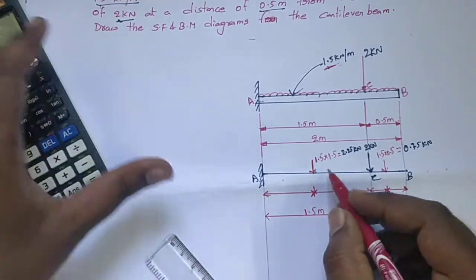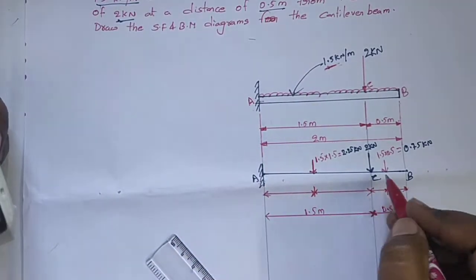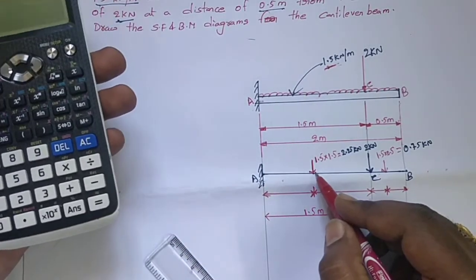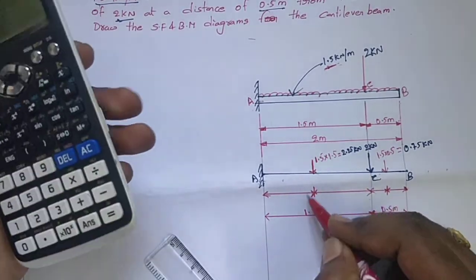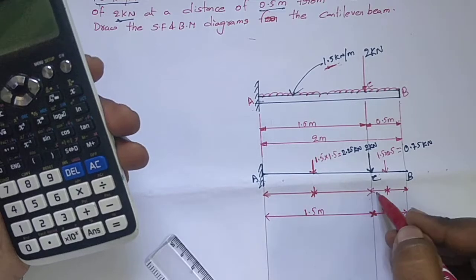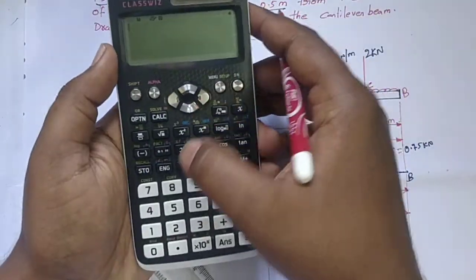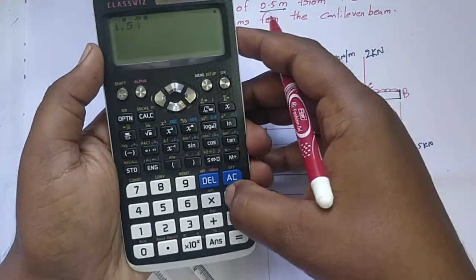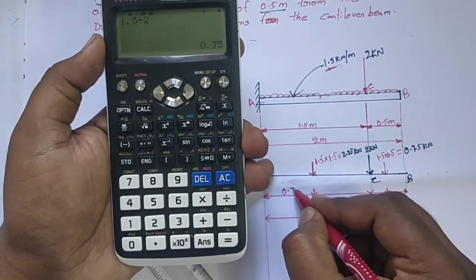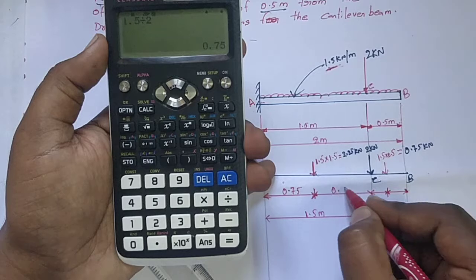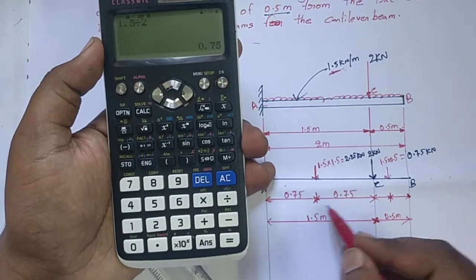Here the total distance from A to C is 1.5. The load acts at the midpoint of A to C, so the distance from this point to this point, and this point to this point, is 1.5 divided by 2, we will get 0.75, and this length also 0.75.